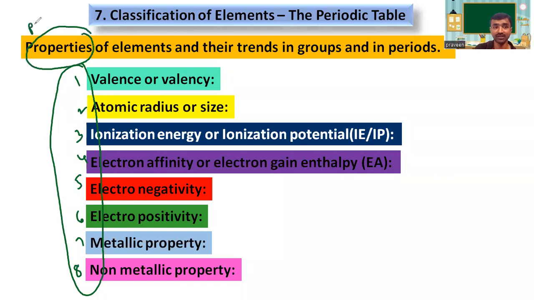What are these called? Periodic properties. Periodic means after a certain time interval, the characteristic properties repeat themselves from one period to the other.